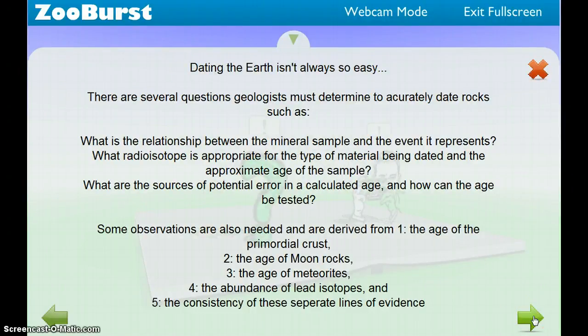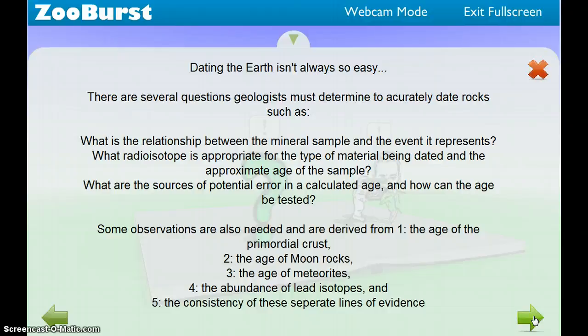So dating the Earth isn't always as easy as we think it is. There are many questions that geologists must ask to determine an accurate date of rocks, such as the questions listed below. There are also some observations that are needed and where they derive from, which are the age of the primordial crust, the age of moon rocks, the age of meteorites, the abundance of lead isotopes, and the consistencies of these separate lines of evidence.